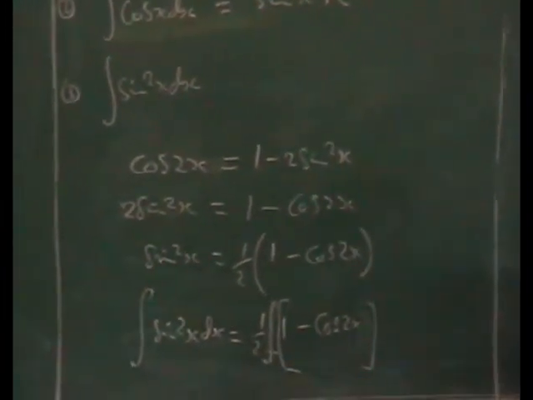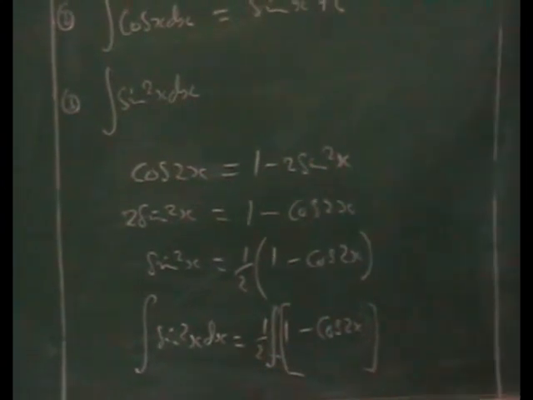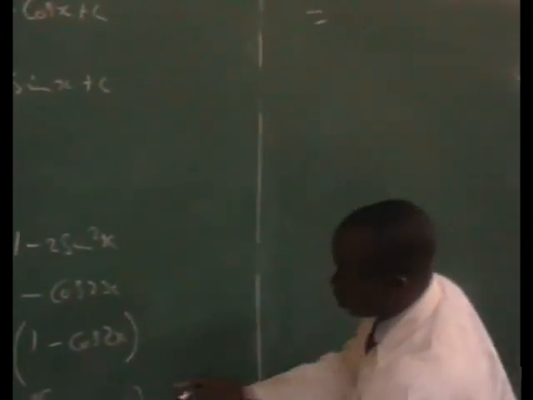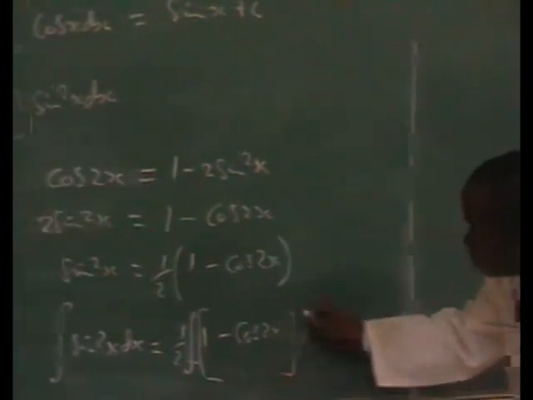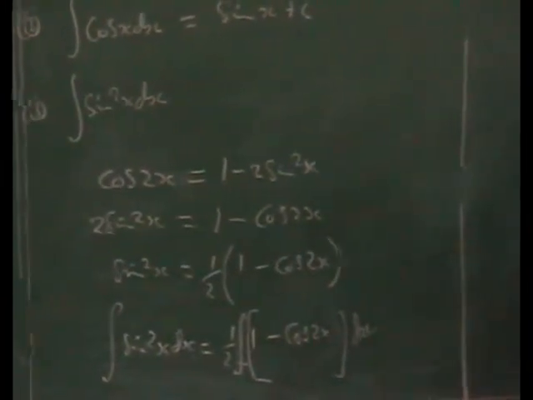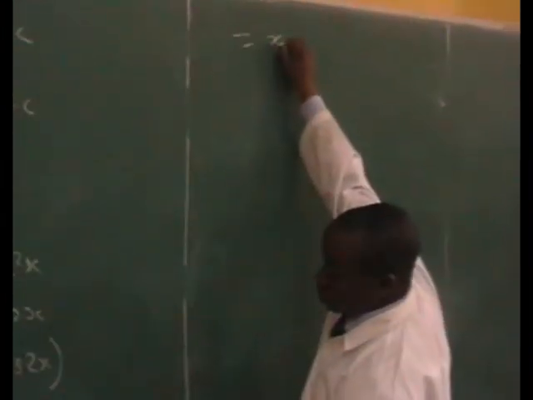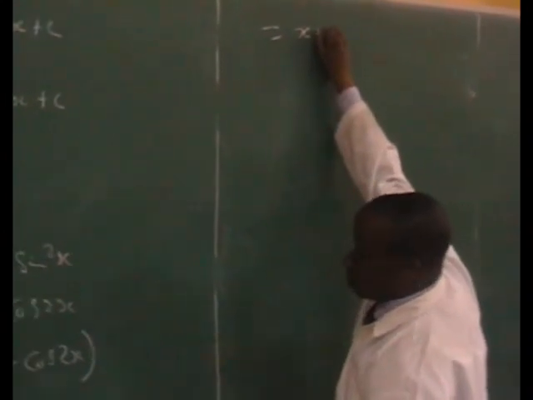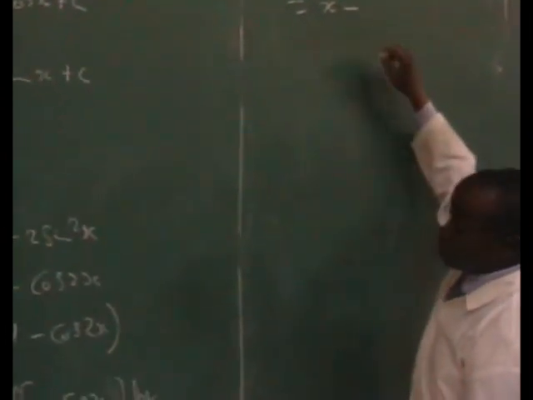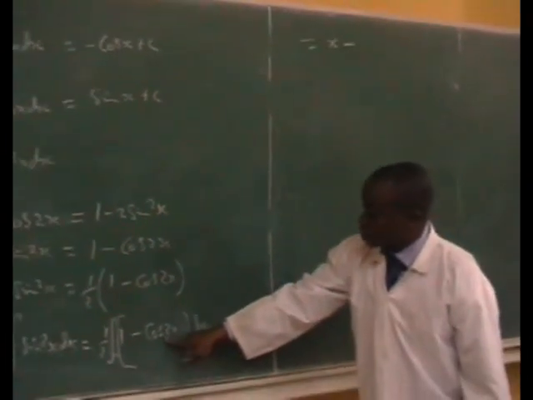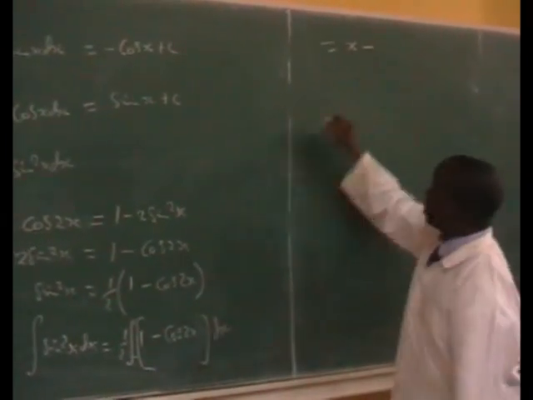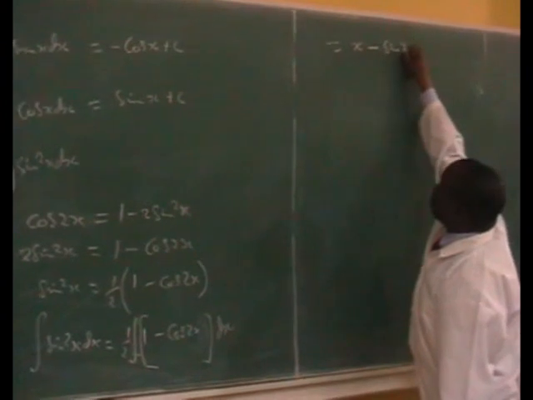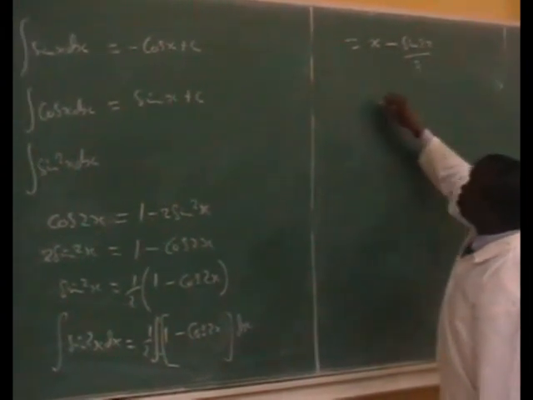So now if I integrate this with respect to x, I will have x minus, see, if I integrate cos 2x, I will have sine 2x all over 2.